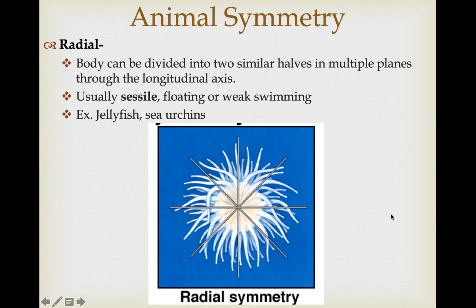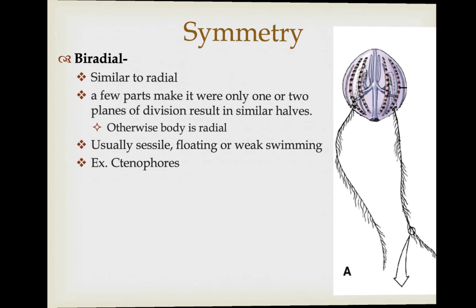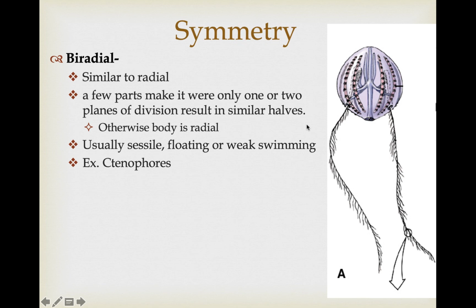Jellyfish, sea urchins would fit under this category of radial symmetry. There are other animals that are basically round, so you could cut them in multiple ways and get pretty much a left and right image, but they may have just one paired structure or a couple of structures that technically make it where you can only divide them in one plane to get mirror images.